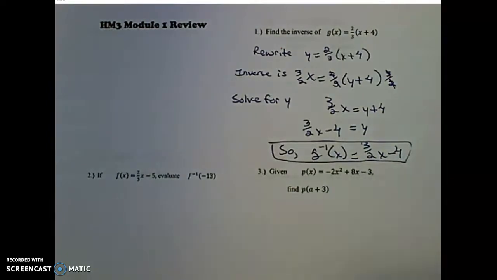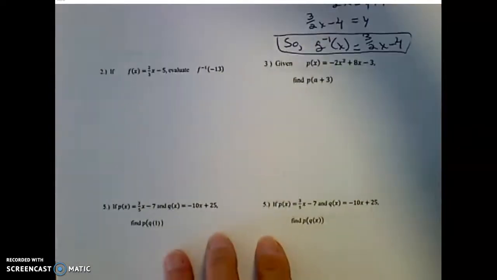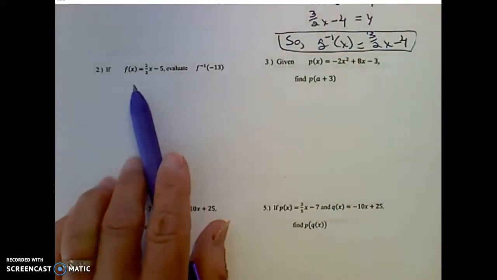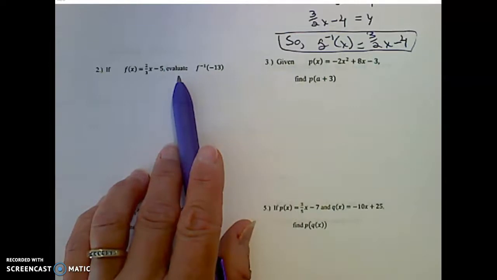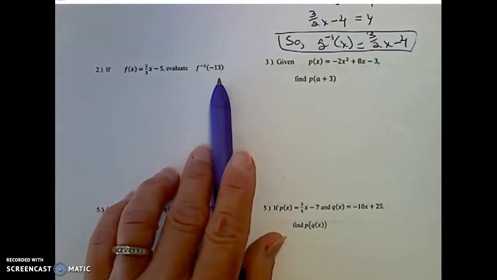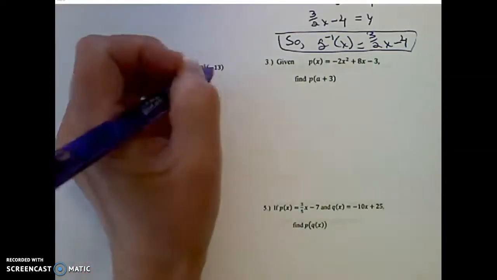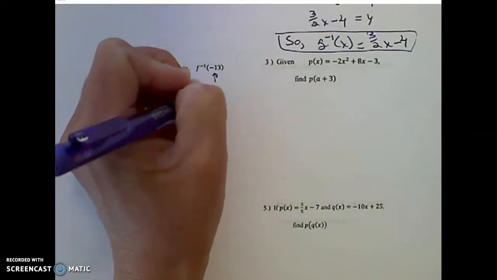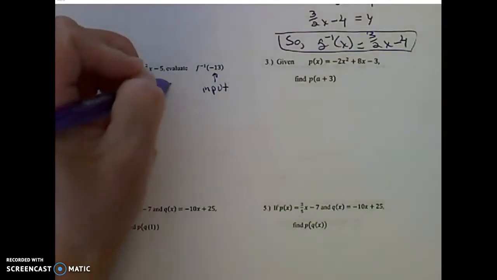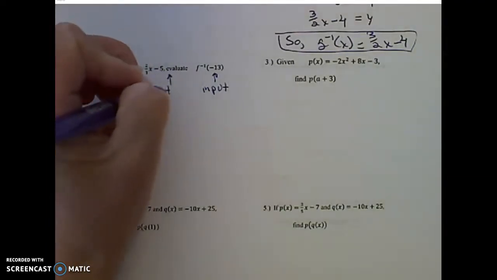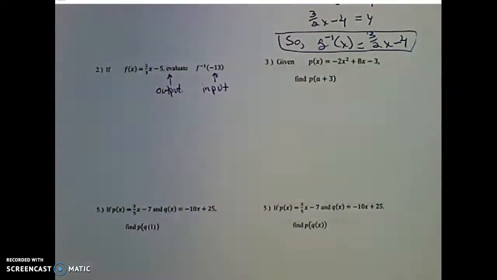Alrighty. What did you do with number 2? If you're given this function f of x equals 2/3 x minus 5, could you evaluate f inverse of negative 13? Remember, if this is an input on the inverse, that must be an output on the original function because inverses reverse the domain and range.